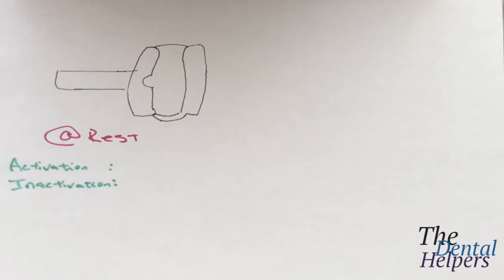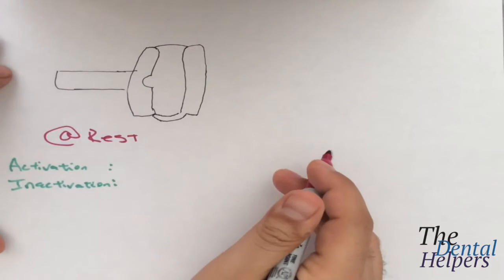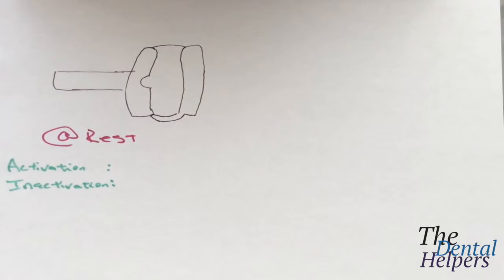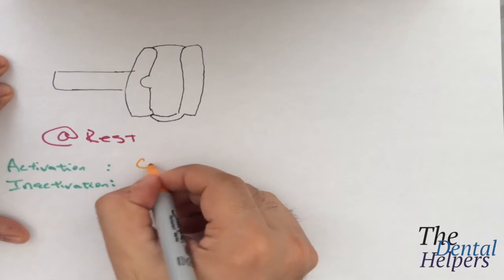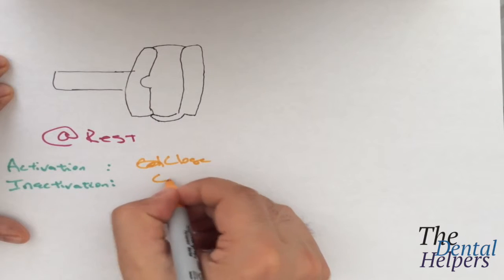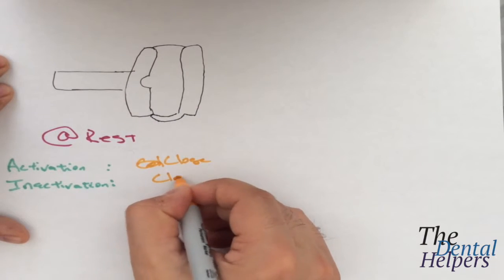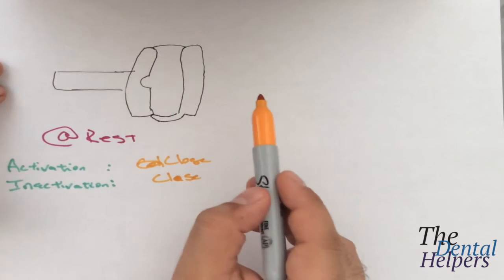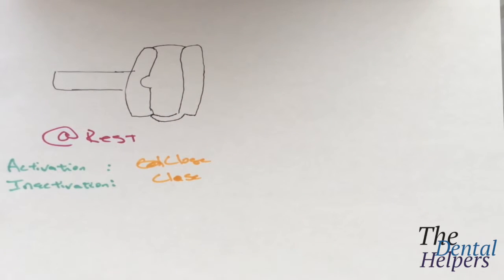In the case of being at rest, both of these gates are closed. So we see that the activation gate is closed, and same with the inactivation gate. And I know I've drawn it weird here, and it'll kind of clear up in a little bit.